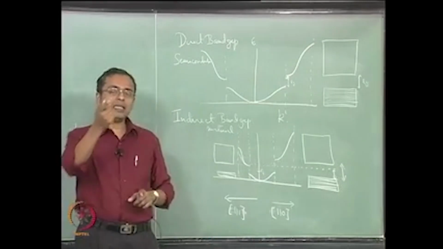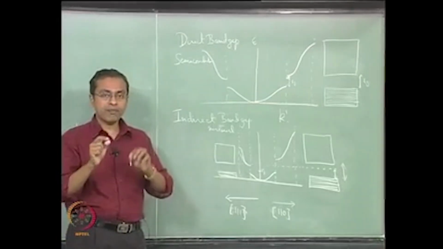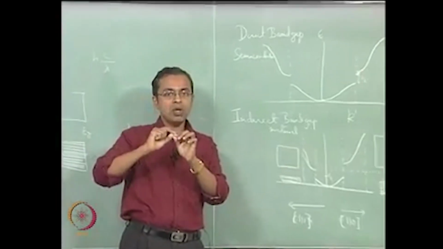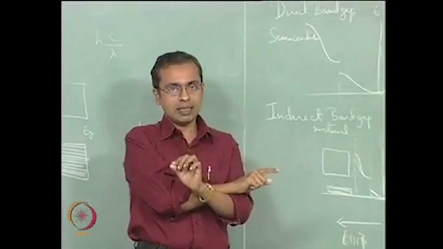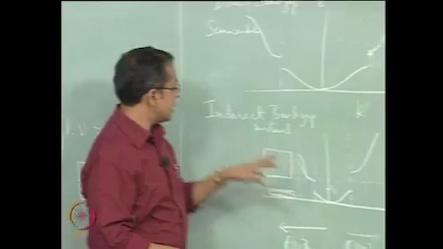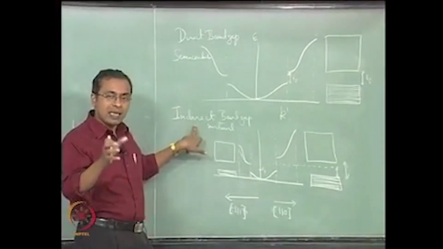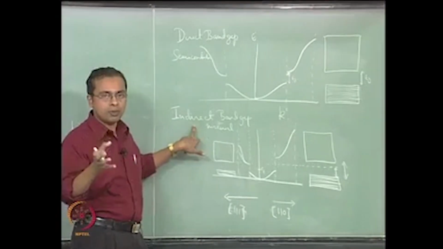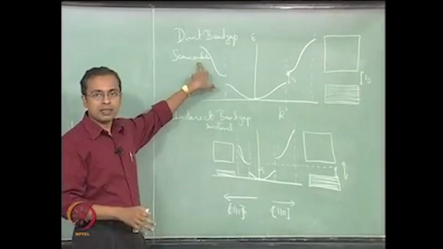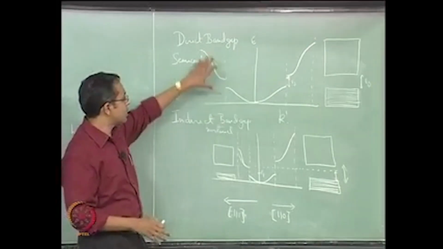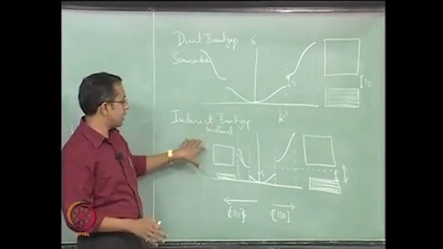However, how easily the transition occurs also depends on whether the transition is in exactly the same position, or it has to go to some other location in the lattice side. Okay. So in general it is found that indirect band gap semiconductors are less efficient in participating in optical processes than direct band gap semiconductors. Okay. So direct band gap semiconductors are much more efficient in handling optical processes than indirect band gap semiconductors.